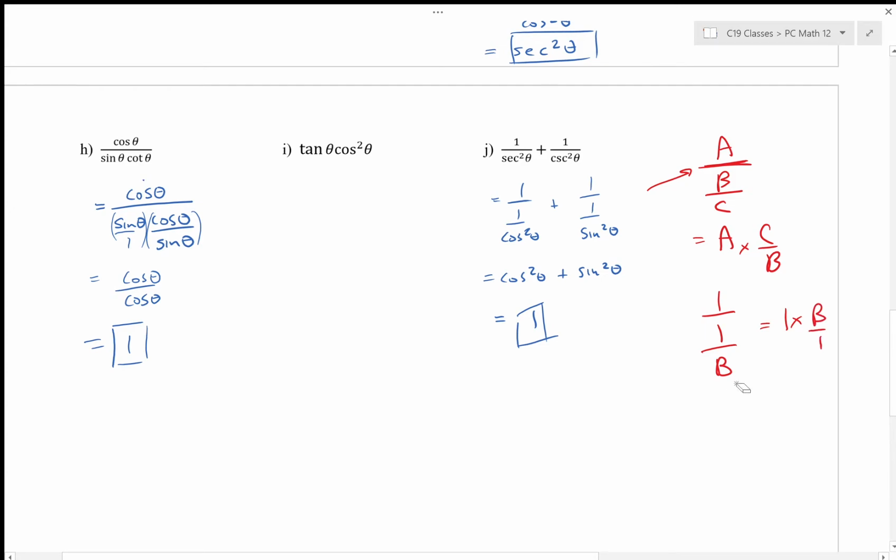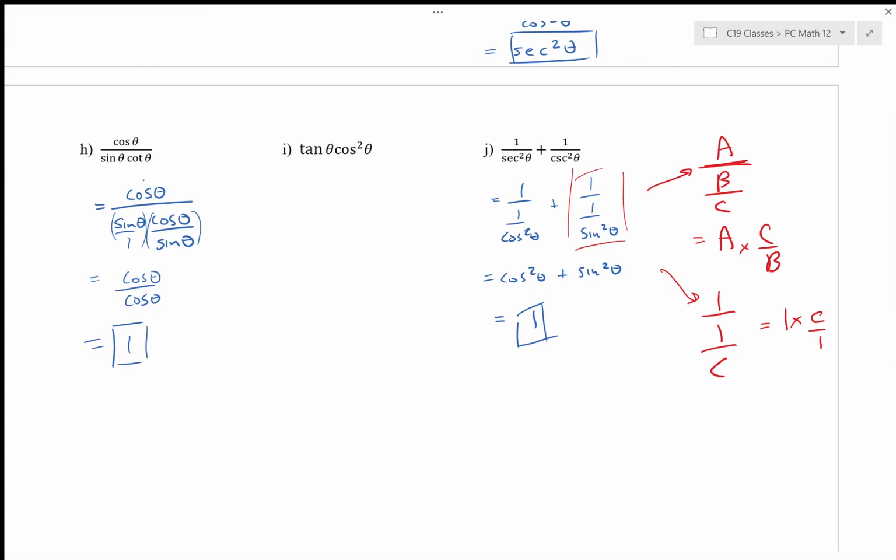So that's what's going on. I'm just doing that single one there. So that's just fraction math, it's just that some of those things are 1s.